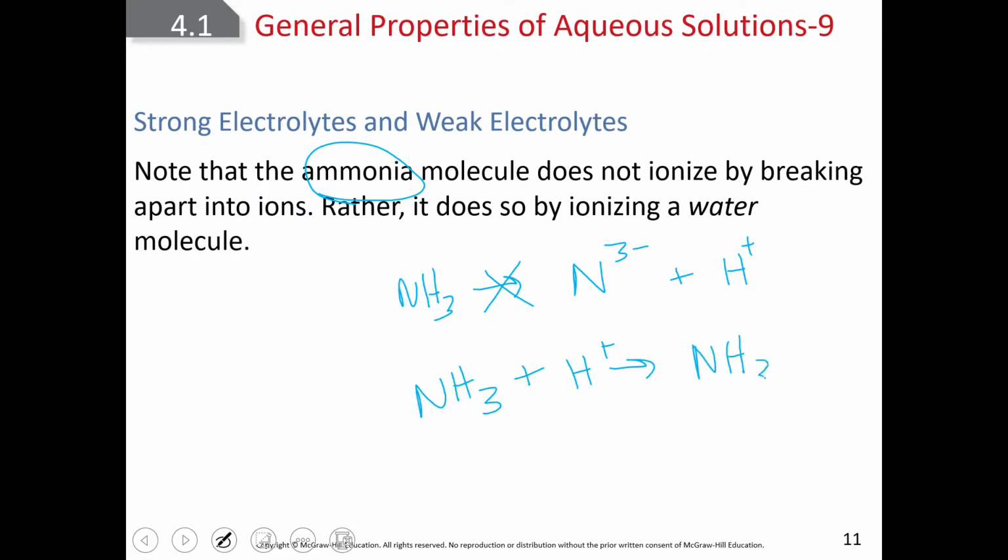Where's that hydrogen ion coming from, you might ask? Well, you have to remember that if we're talking about an aqueous solution, water is present. Water is the solvent. So water at any given time also exists in a reversible reaction.